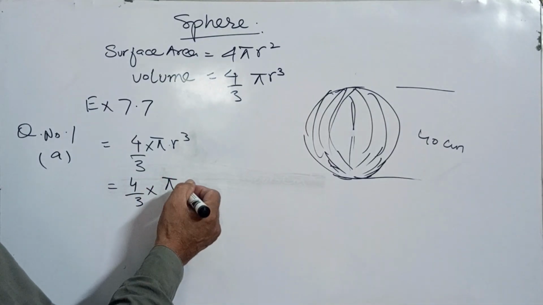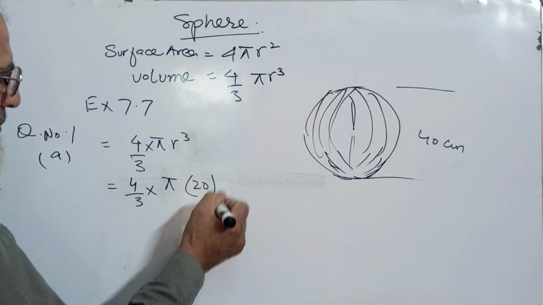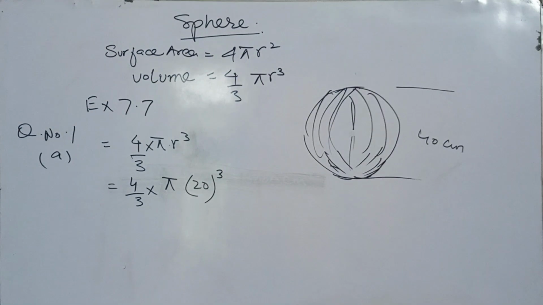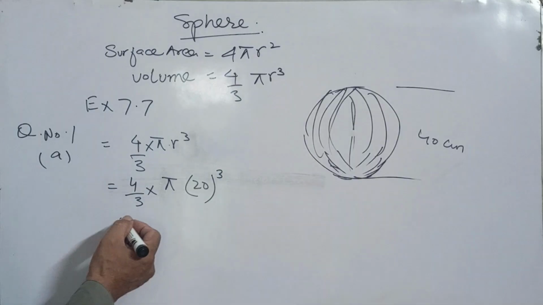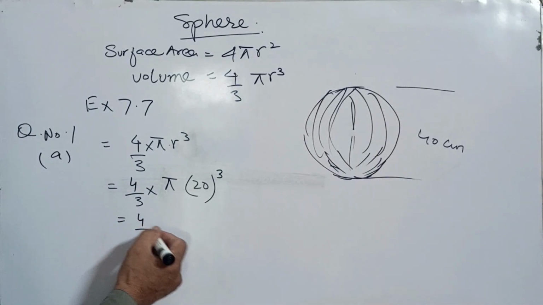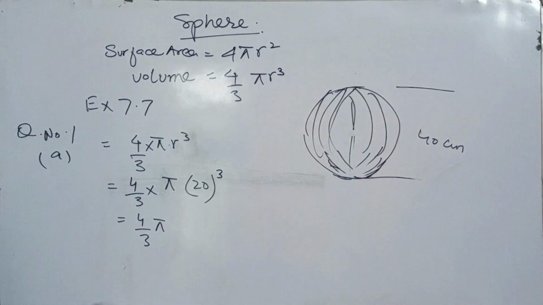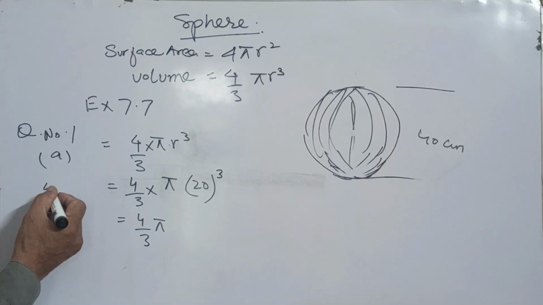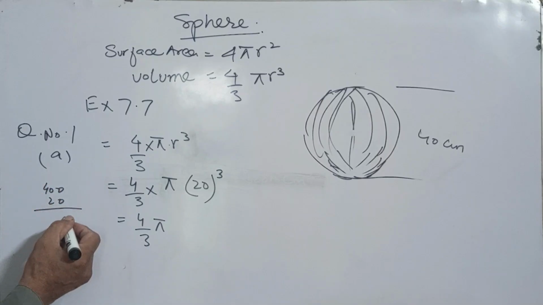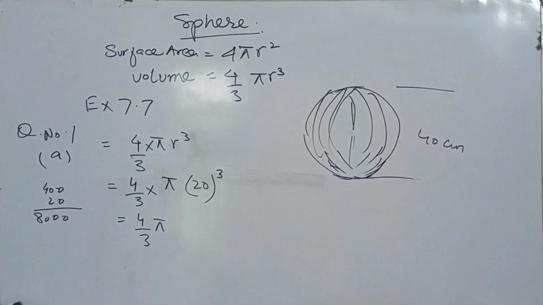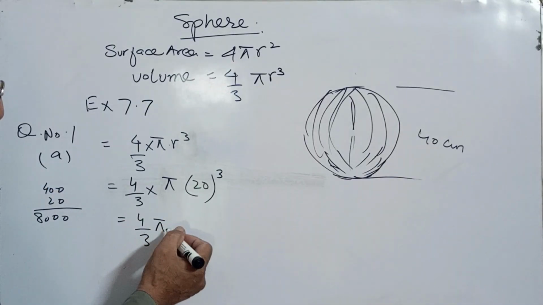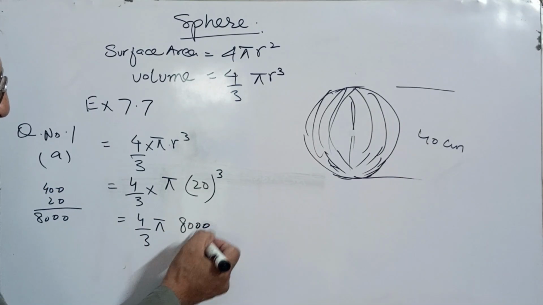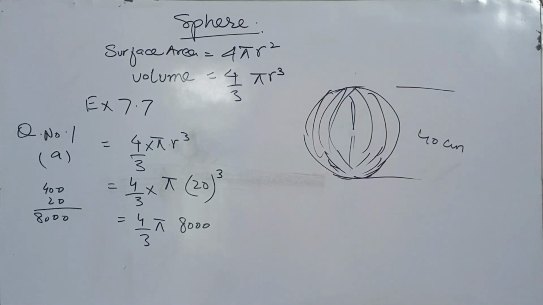So r is 20 raised to power 3, or cube of 20. So my dear students, just open this up: 20 squared is 400, and then it will be 8000. Okay, 8000. You can just simplify it and the answer will be there.